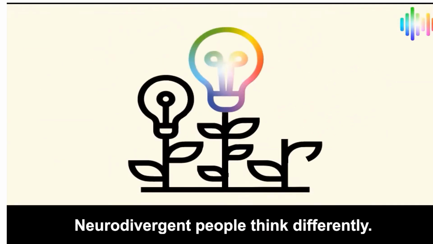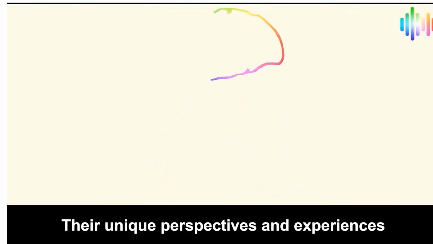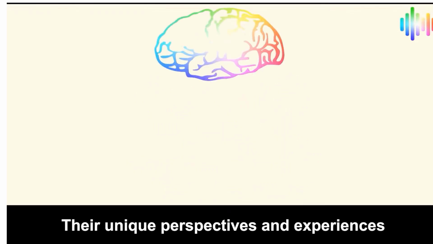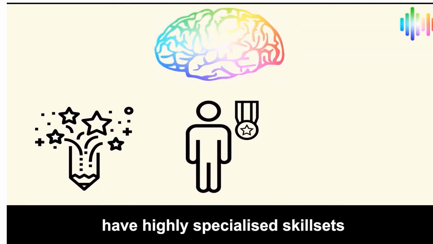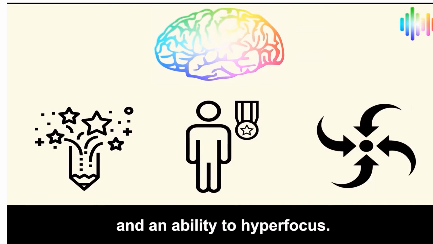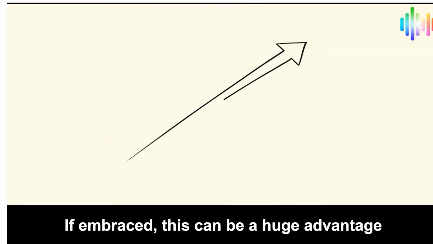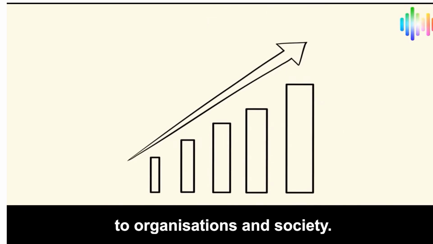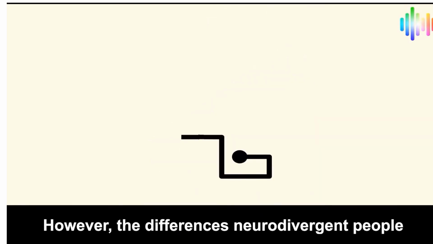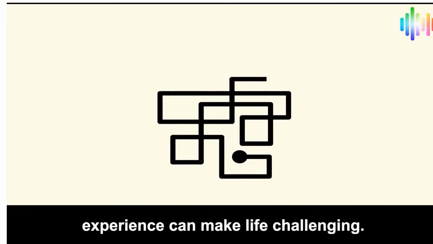Neurodivergent people think differently. Their unique perspectives and experiences mean they can often excel at creativity and innovation, have highly specialised skill sets, and an ability to hyperfocus. If embraced, this can be a huge advantage to organisations and society. However, the differences neurodivergent people experience can make life challenging.